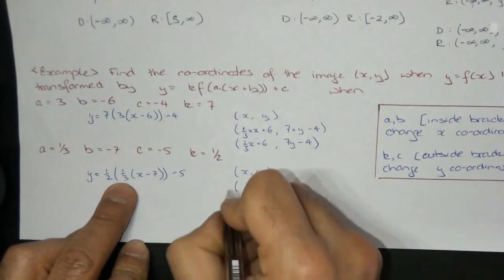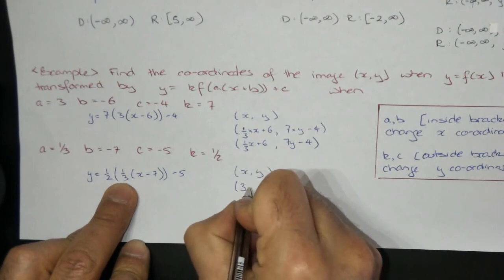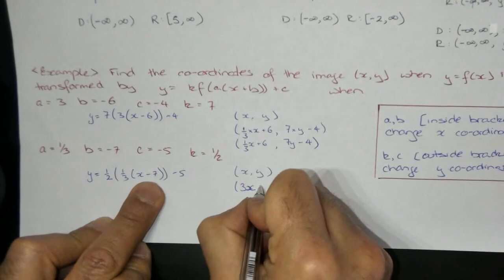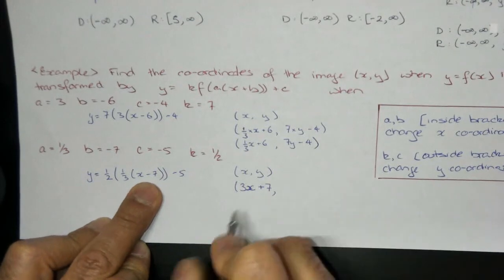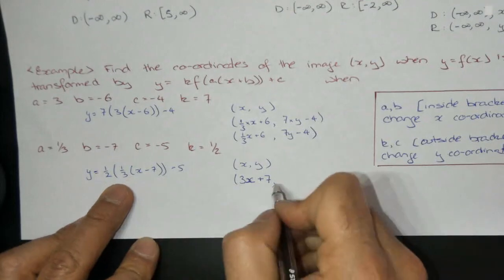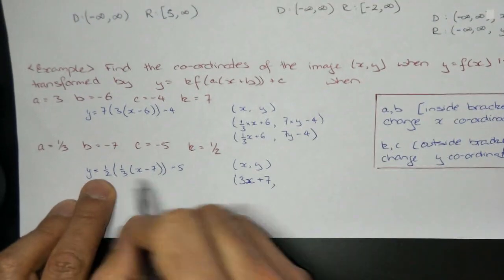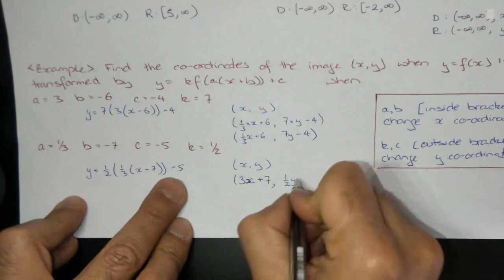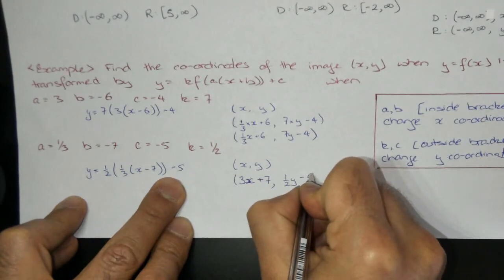So if it's a third, I'm going to times it by 3, and I'm going to add 7 to it. So when looking at the x's, we're going to do the opposite. For the y's, we're going to take the outside terms. So it's going to be a half of y, minus 5.